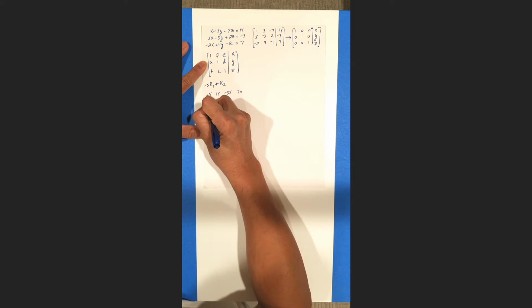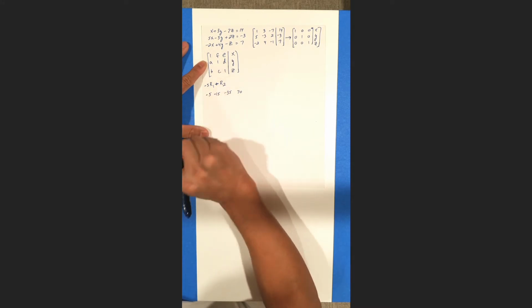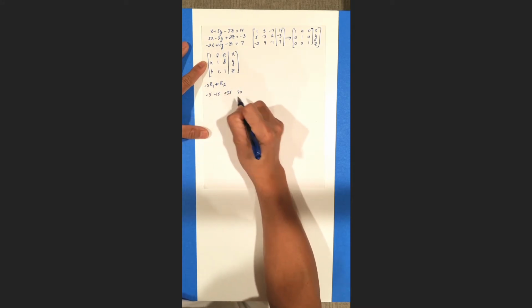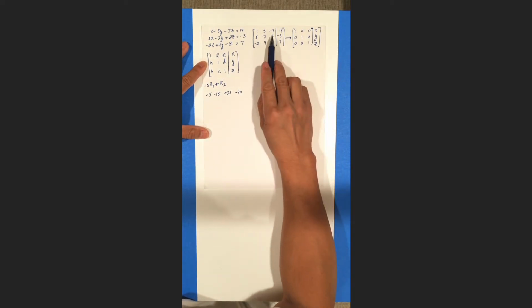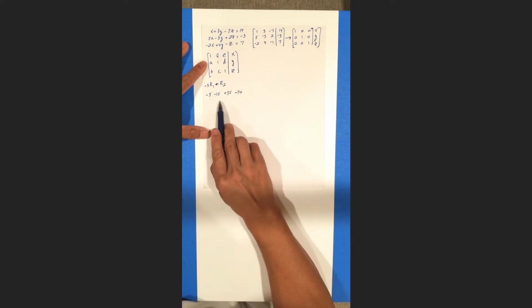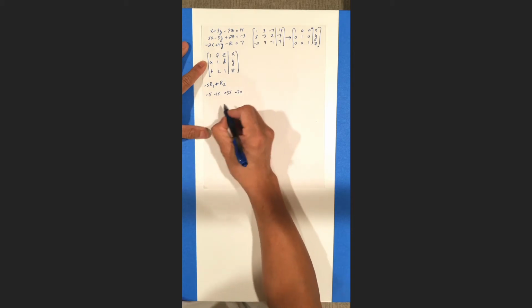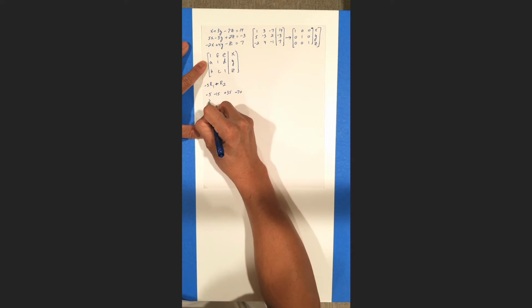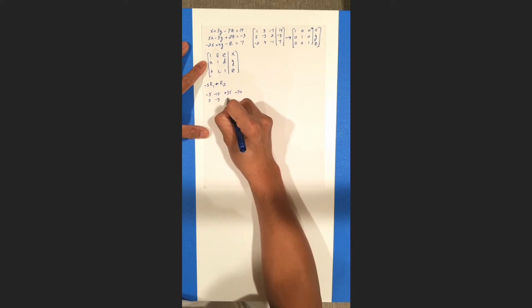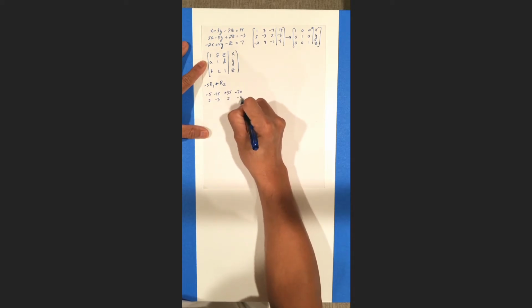It'll be negative 5, negative 15, 35, and negative 70. So I'm taking row 1 up there, multiplying by negative 5. And my row 2, I'm just going to leave it alone. My row 2, I'm going to write 5, negative 3, 2, negative 3.